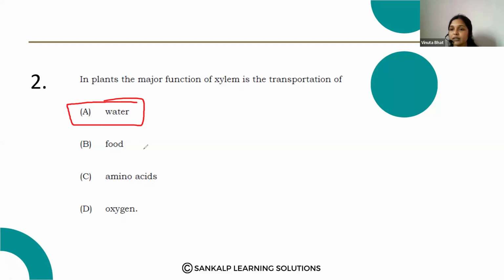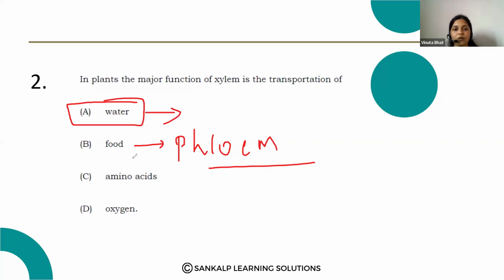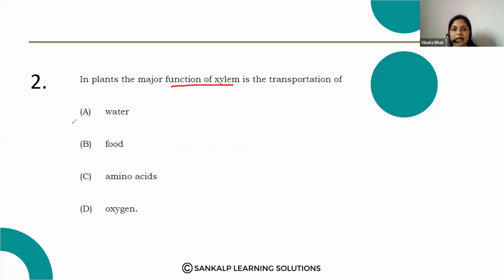And food is transported in plants by the specialized tissue called phloem. Phloem is for the transportation of food, and xylem is for the transportation of water. So the correct option is option A, water.